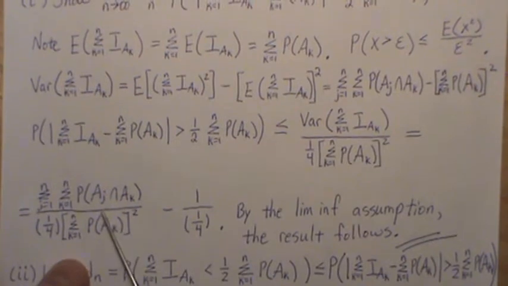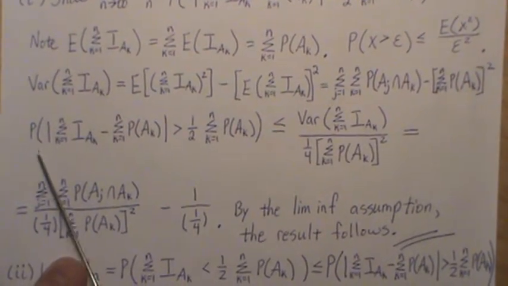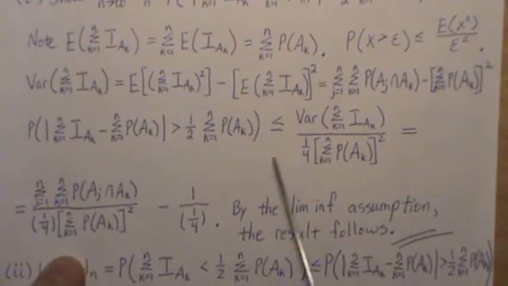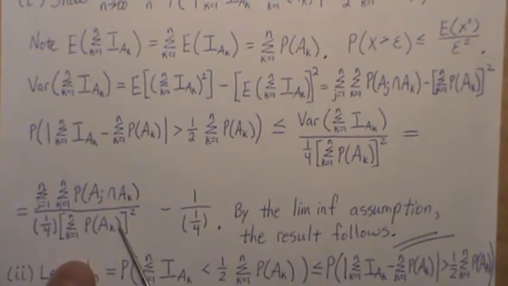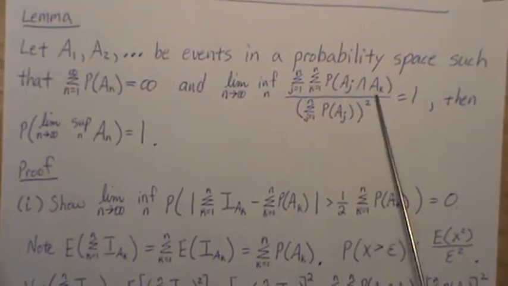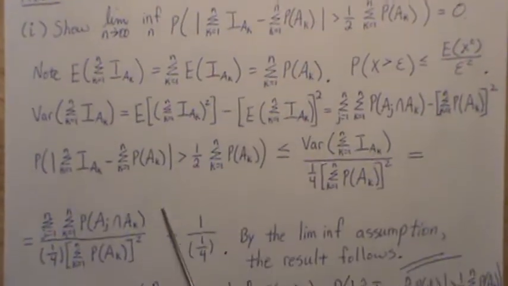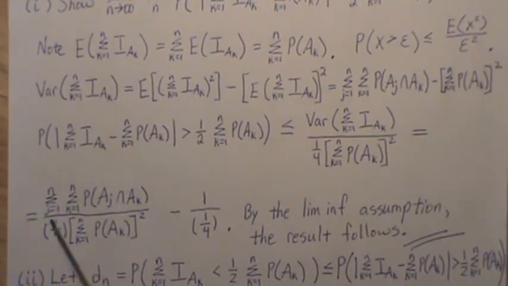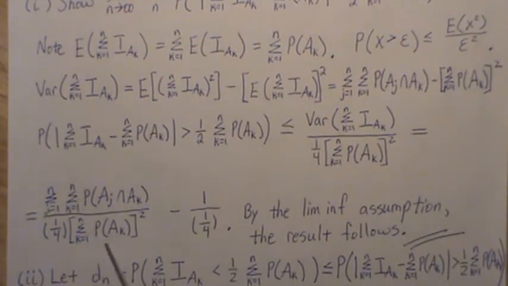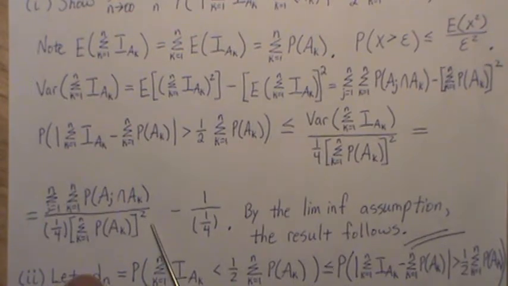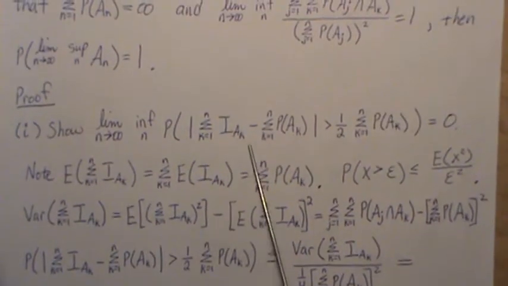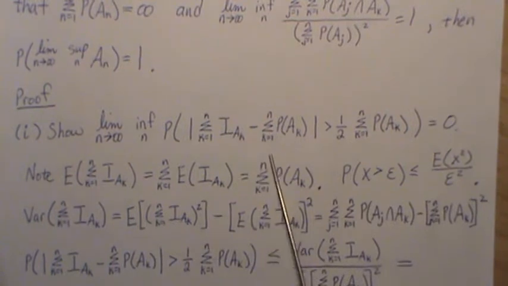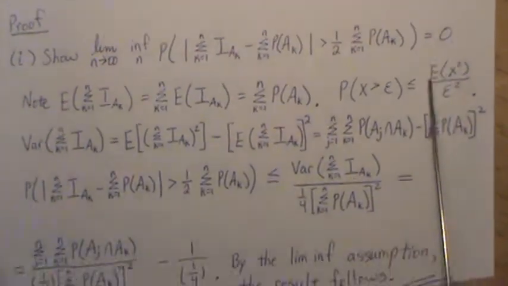But now if we take the limit supremum of both sides, by assumption this equals 1, right? So we get 4 minus 4, which is 0. And that's what we wanted to show: that the limit infimum of this is 0.